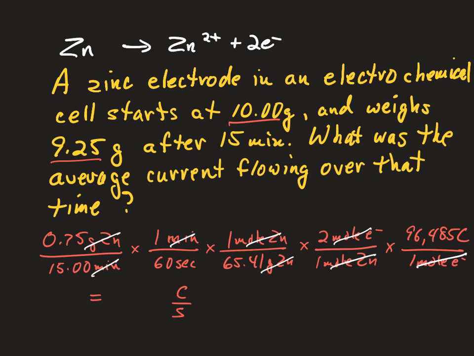And when we do the math, we get about 2.4585, which would probably be rounded to 2 significant figures here. So that would be about 2.5 amps. Okay, so this is just a couple of ways of putting together these conversions related to electrolysis. So you need to work on some of these problems because these go back to some of our principles of unit conversion to solve problems.